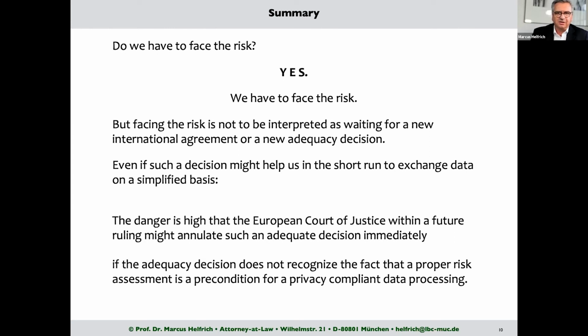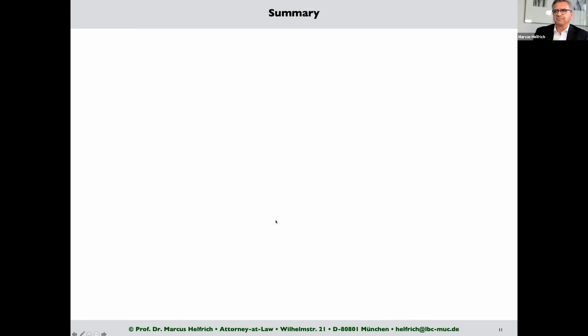And this is, I think, the core finding of the Schrems 2 ruling. So risk assessment is a precondition. This is really important for our practice.